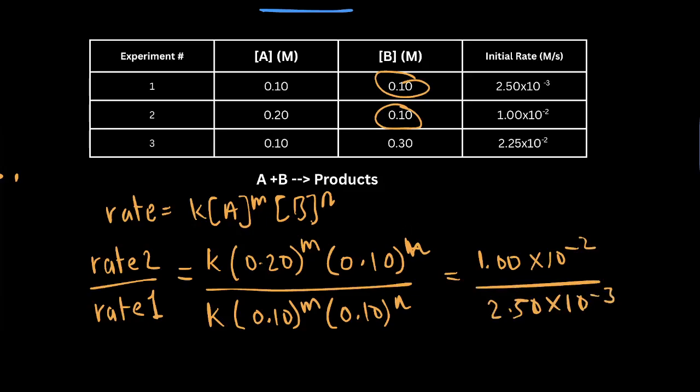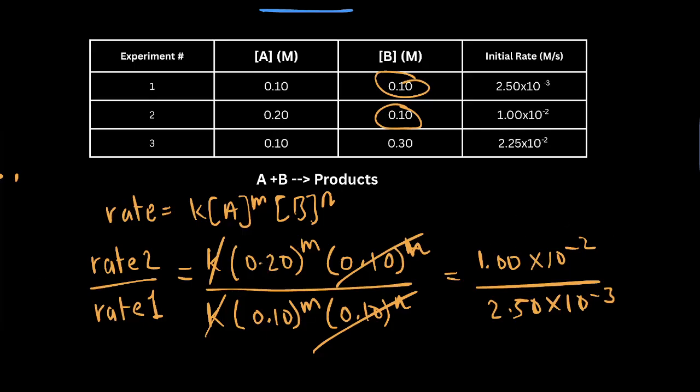But in any case, since the concentration of B is held constant, firstly, we can cancel out the rate constant, because that's the same for both of these, and we can cancel out the 0.1 to the n term. This leaves us with a very simple expression, where we're simply dividing the concentrations of reactant A to the m, and we have our rate laws here.